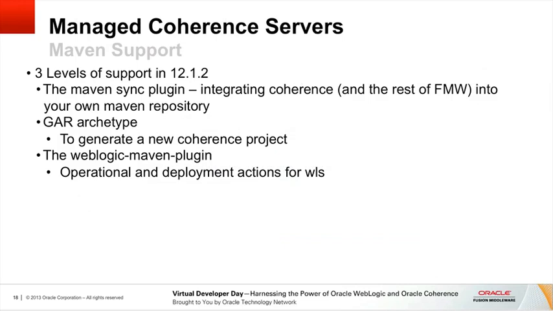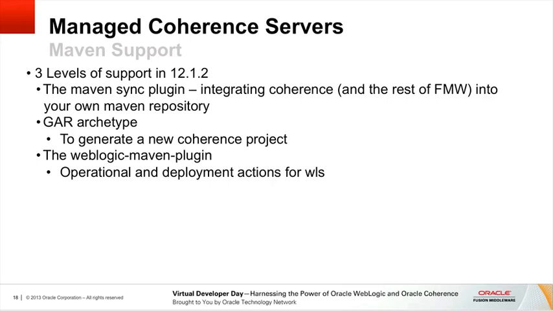In addition to the grid archive, there's a tremendous advantage to working with Fusion Middleware 12.1.2, in particular the Maven integration, which truly does simplify the application lifecycle and developer end-user experience with respect to working with Coherence and WebLogic.